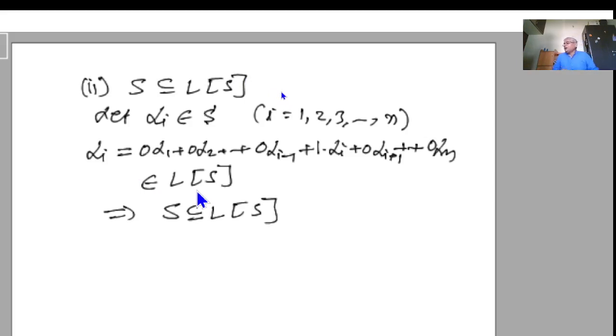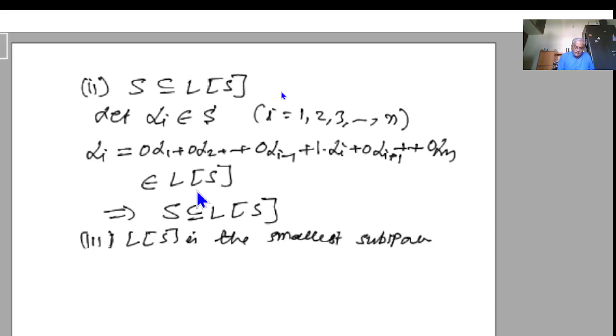And what is the third part? L of S is the smallest subspace containing S. Okay.